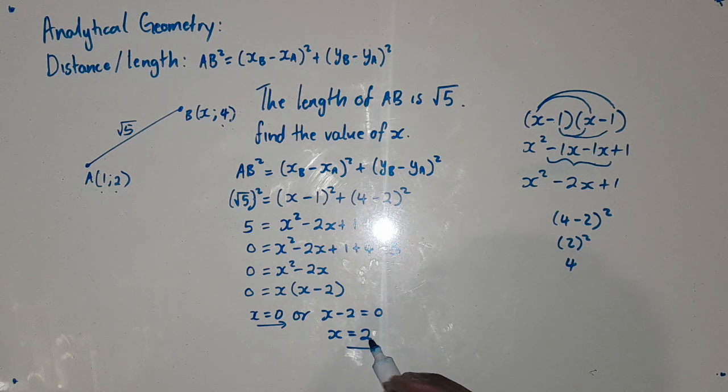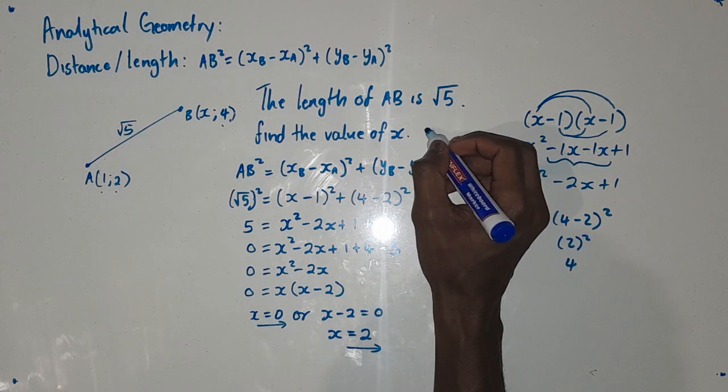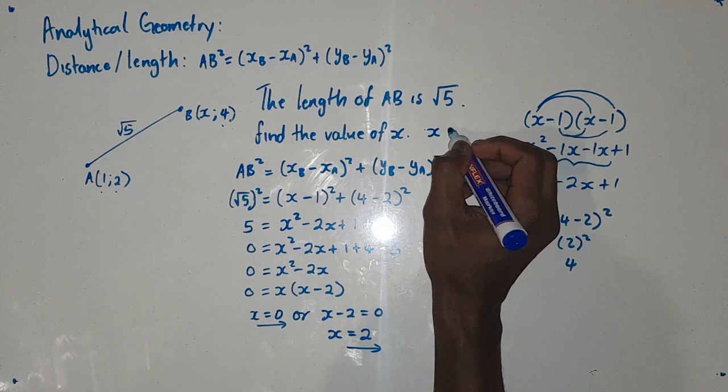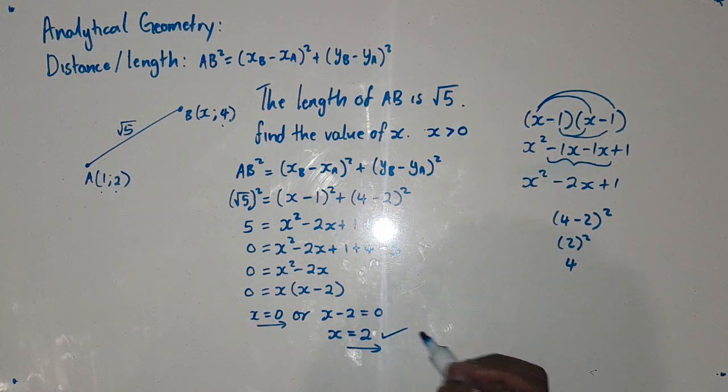So x is 2. If the question was specific, to say, for which x is greater than 0, we would consider this one. You see, like this, we have managed to figure out the value of x.